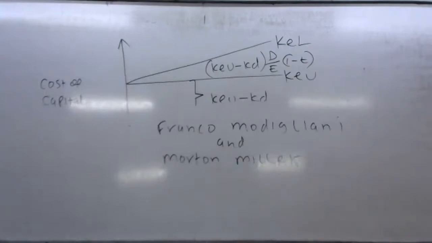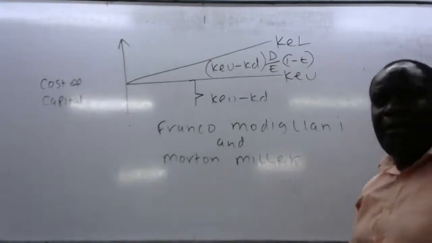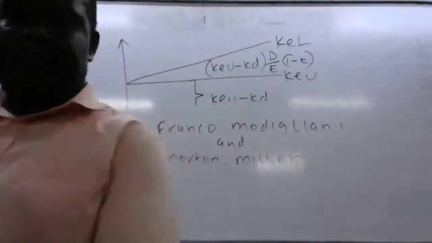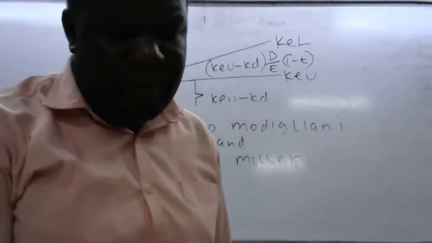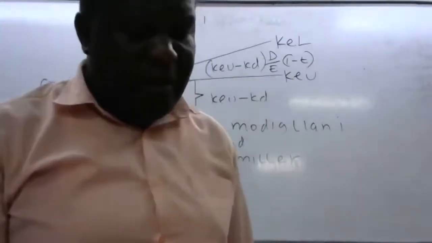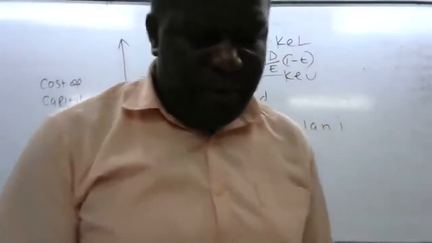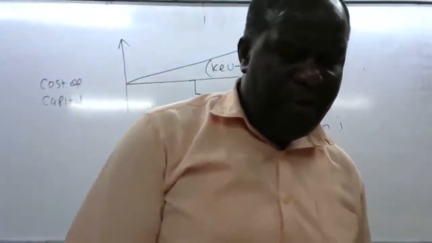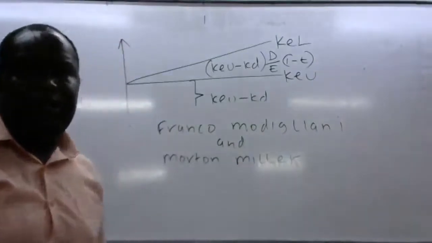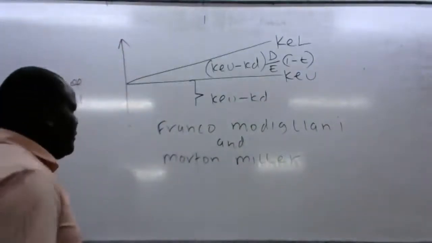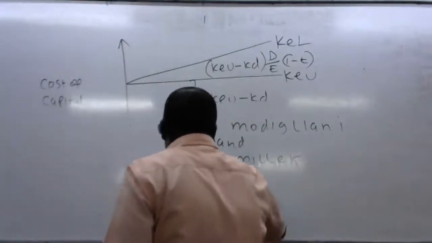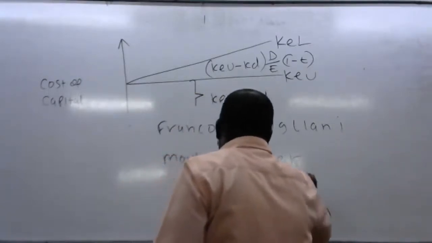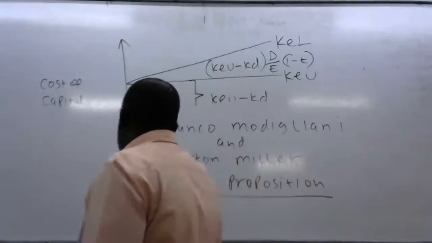It was resolved by Franco Modigliani and Merton Miller in their theory known as the MM proposition.